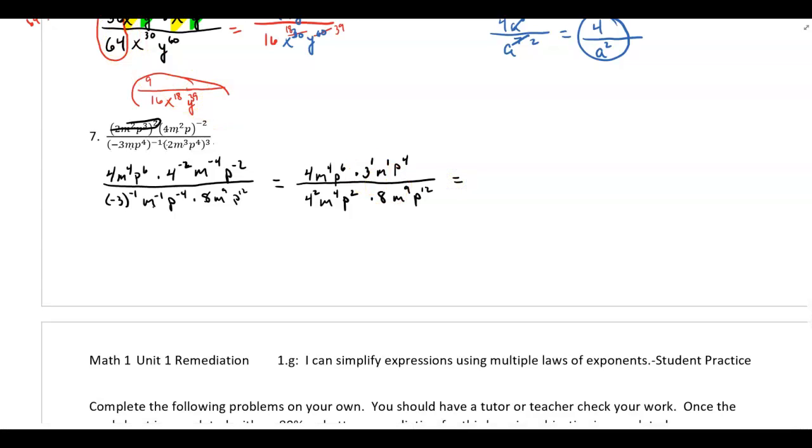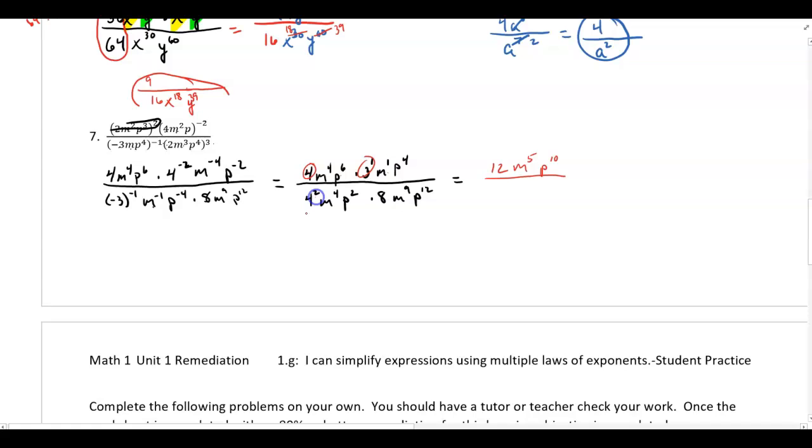So now I'm going to multiply across in my numerators. So if I look at this, 4 times 3 would give me 12. So when I multiply these together, it gives me 12. M to the 4 times m is going to give me m to the 5th, because I add the exponents here. P to the 6 plus 4 is p to the 10th.